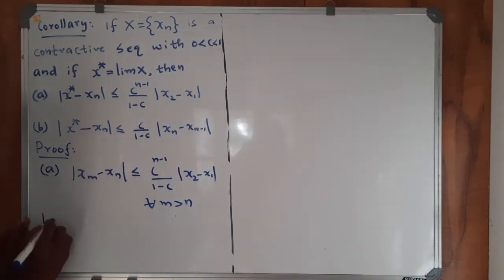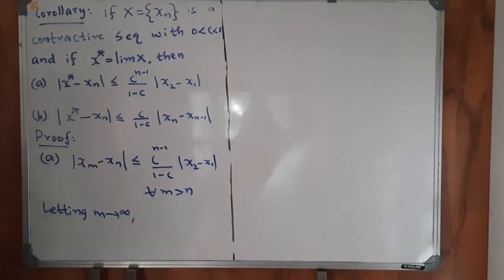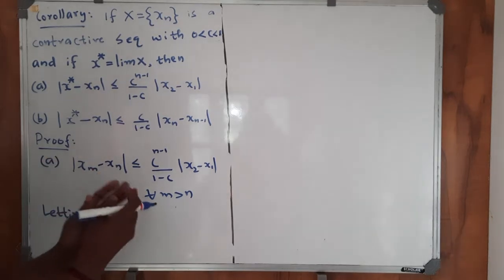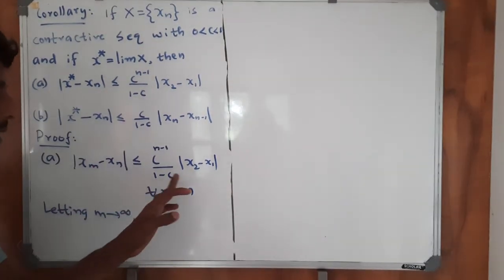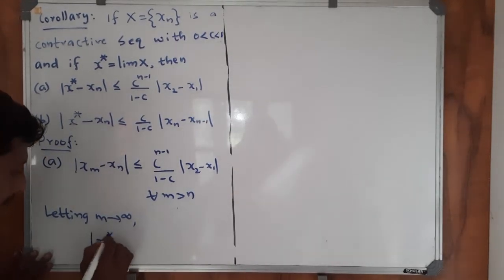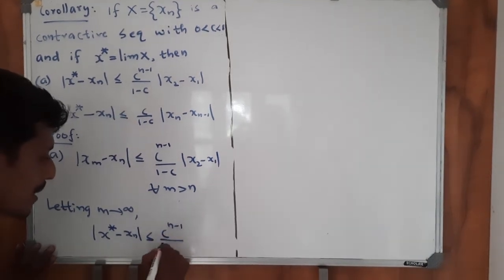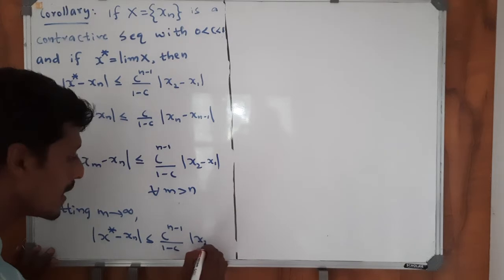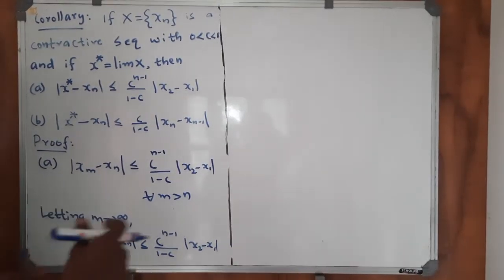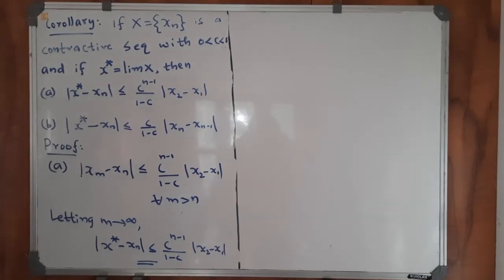So letting m tend to infinity, we get limit m tending to infinity modulus of xm minus xn less than or equal to c raised to n minus 1 by 1 minus c into modulus of x2 minus x1, which implies modulus of x star minus xn less than or equal to c raised to n minus 1 by 1 minus c into modulus of x2 minus x1, because as m tends to infinity, xm tends to x star. So this proves the part A of the corollary.